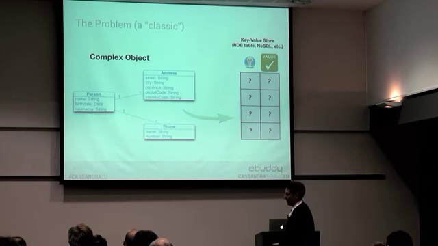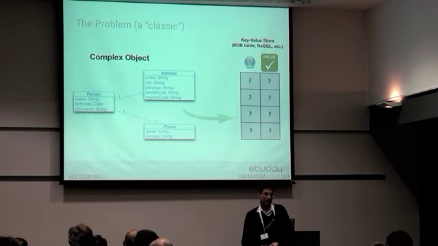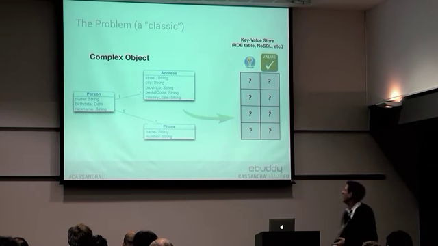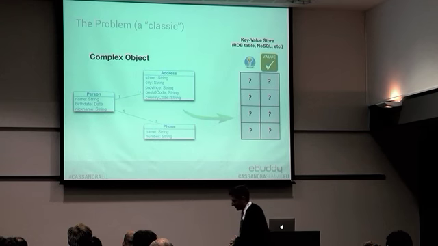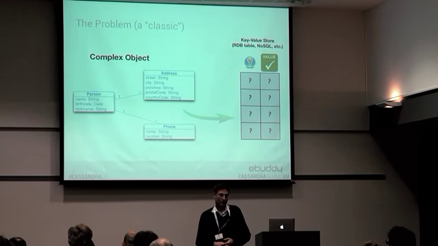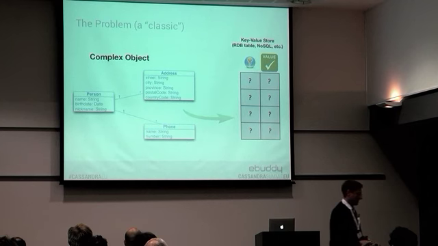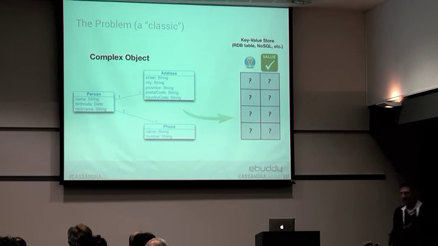For example, a relational database has columns and value cells, and also NoSQL databases such as Cassandra, a key value store. So that's a problem that there have been many different solutions to.